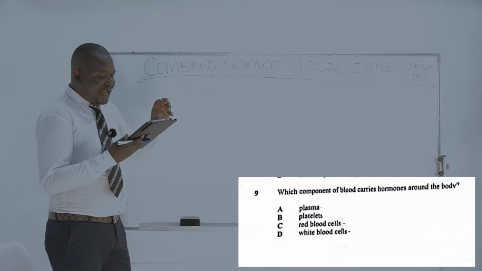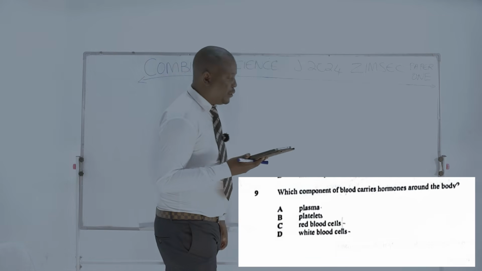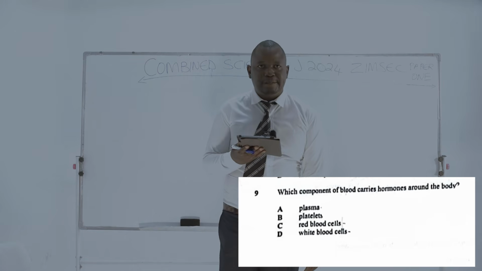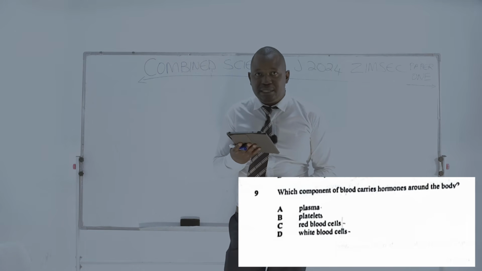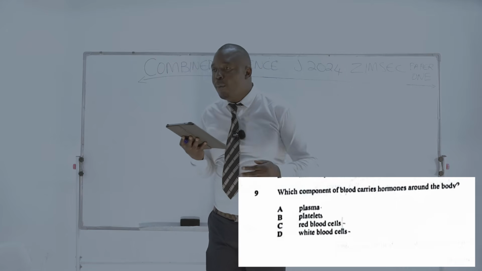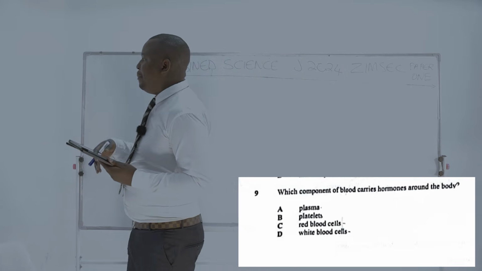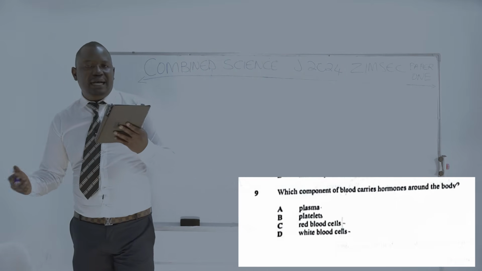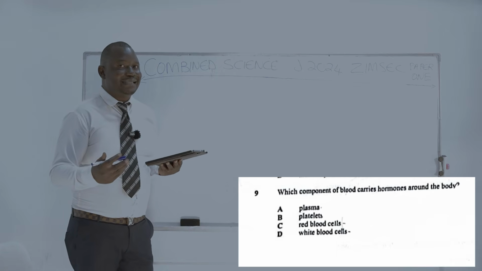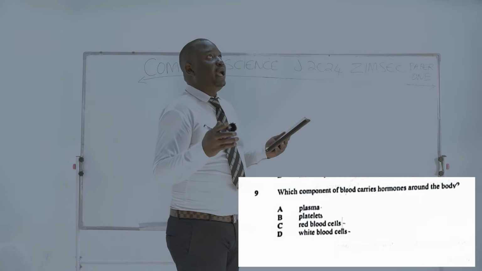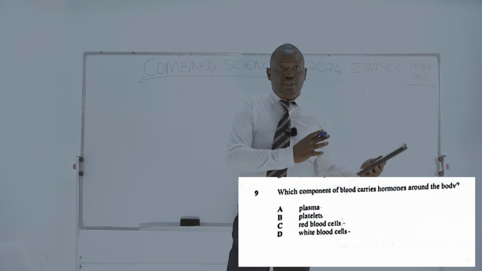The component of blood that carries hormones across the body is plasma. Plasma is responsible for transportation of hormones across the body. Platelets do blood clotting, and red blood cells, the erythrocytes, transport oxygen.